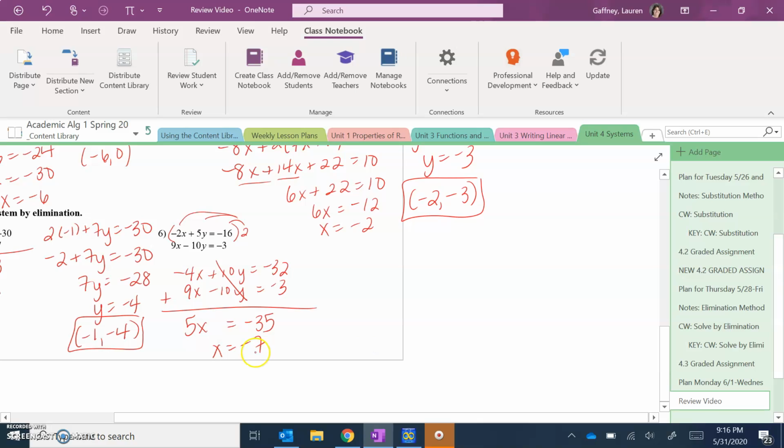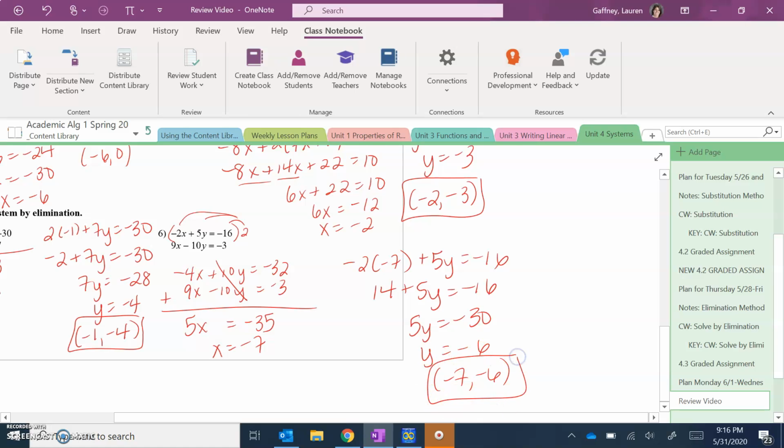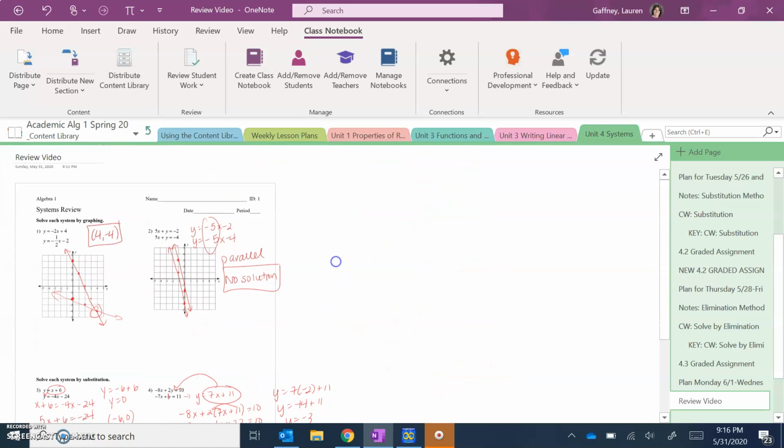Now let's find the y value that goes with that x. I'm going to plug it back into the top equation up here. It doesn't matter which one you do. And we get -6. So -7, -6.